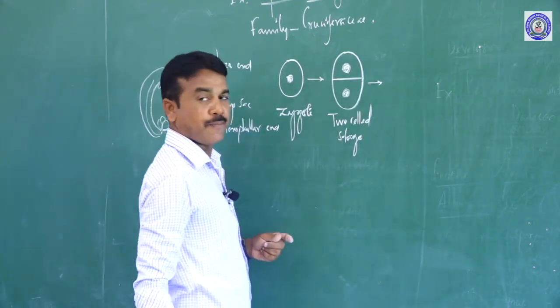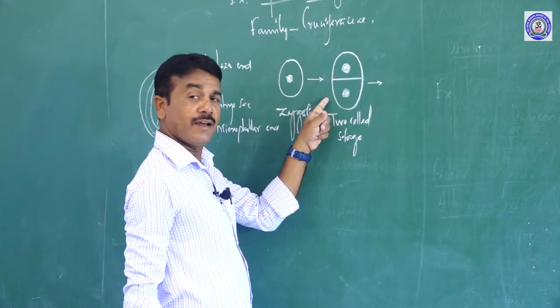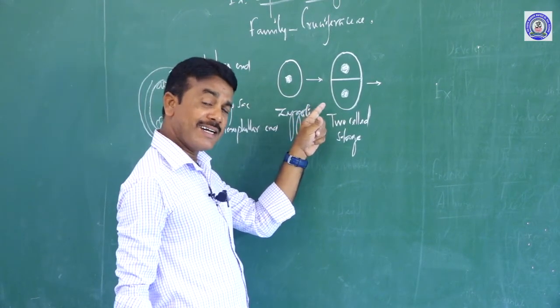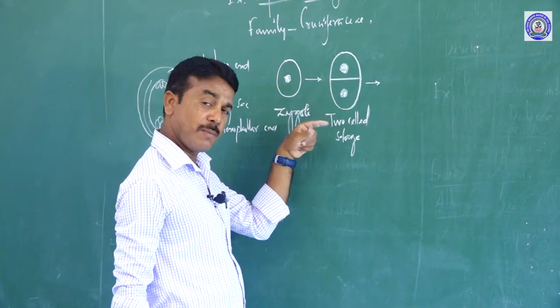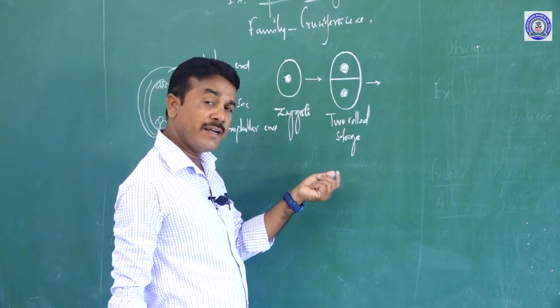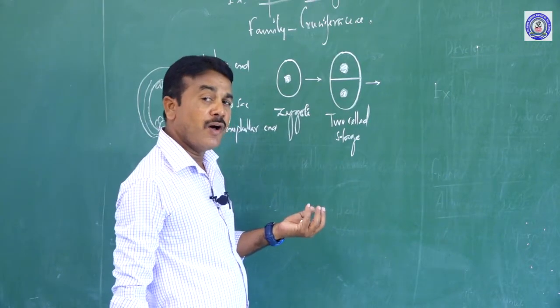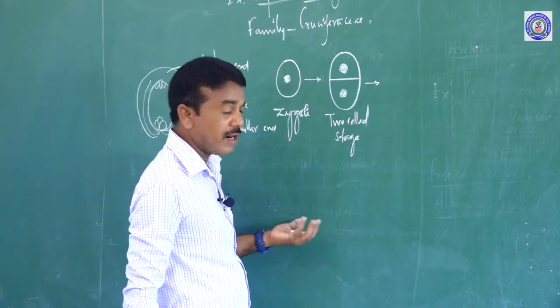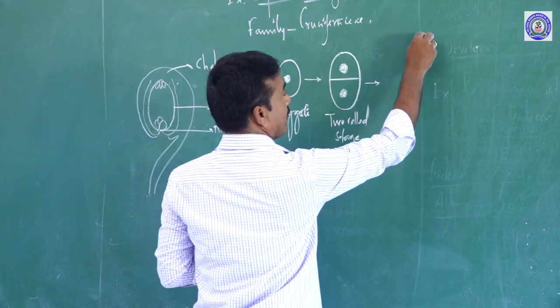Next, these two cells also undergo division, and four cells are formed. That is commonly called the four-celled stage.